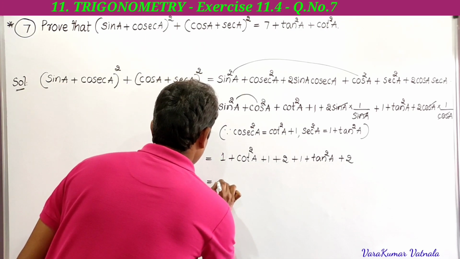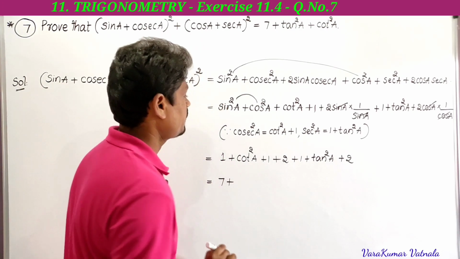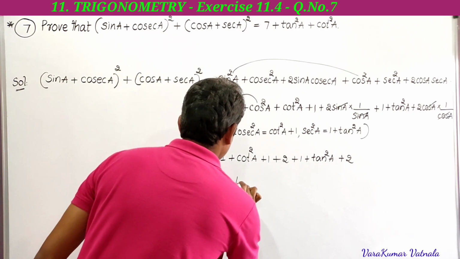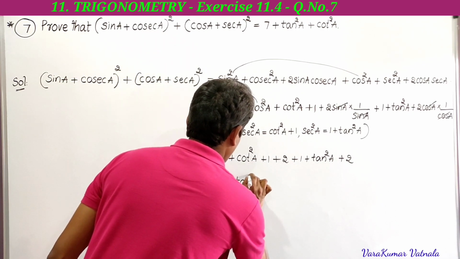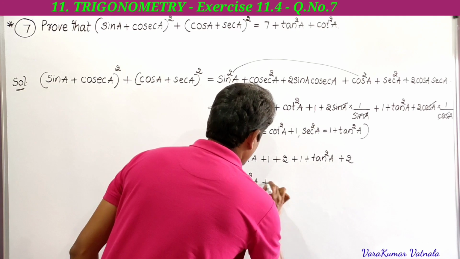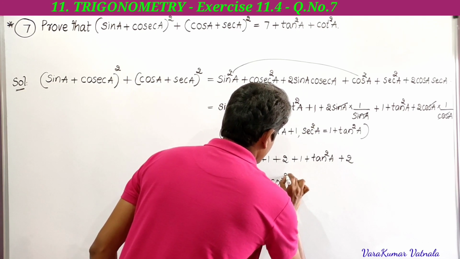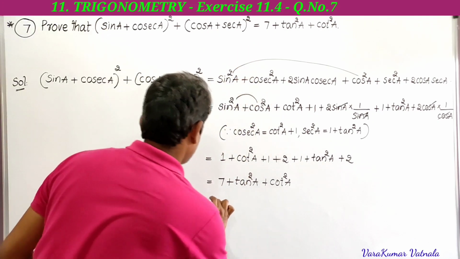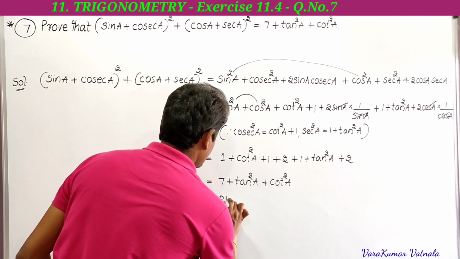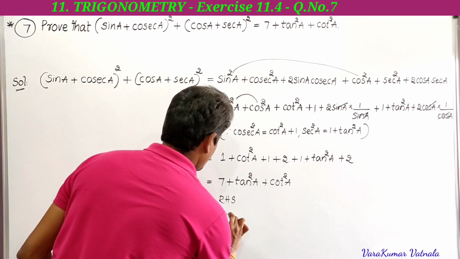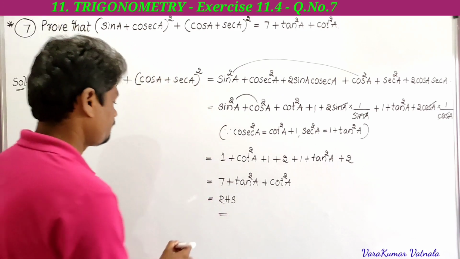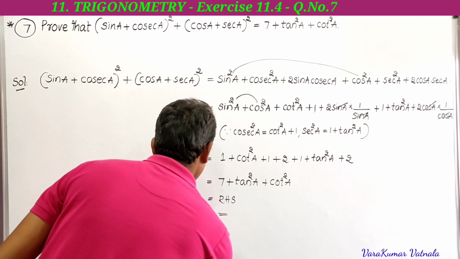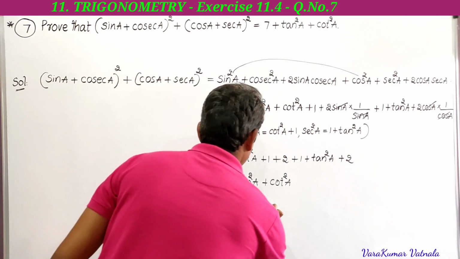So we get 7 plus tan square A plus cot square A. This we have to prove, so it is nothing but RHS. So we have proved, hence proved. Therefore we have to write hence proved.